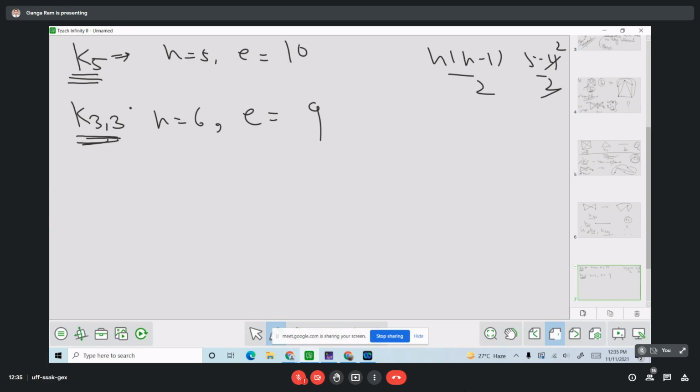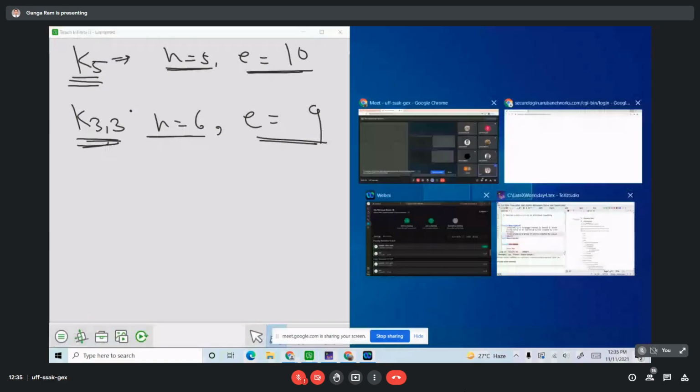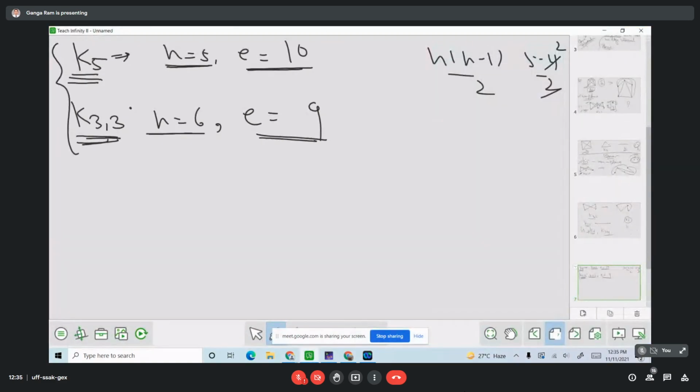Notice here, this is the vertex, this is the edge, again this is the vertex and this is the edge, and you can see that both are non-planar. So it means that this complete graph is a non-planar graph with the minimum number of vertices.